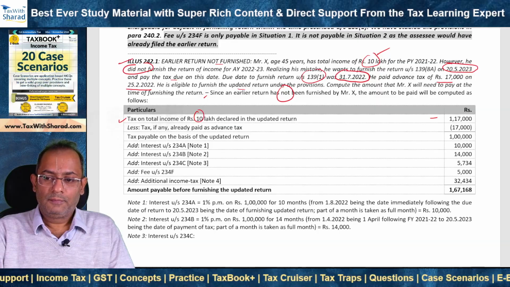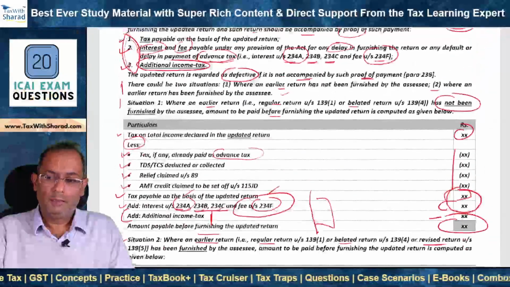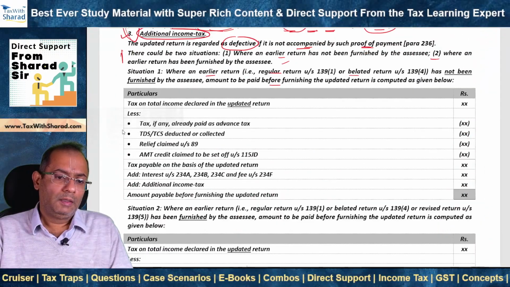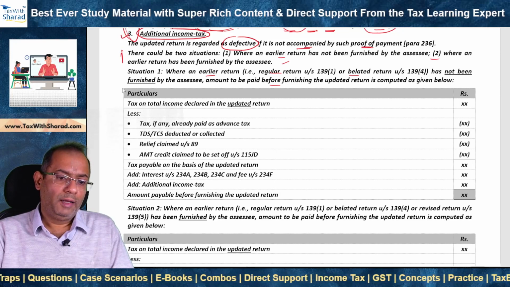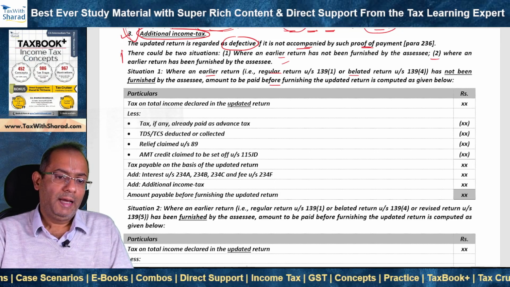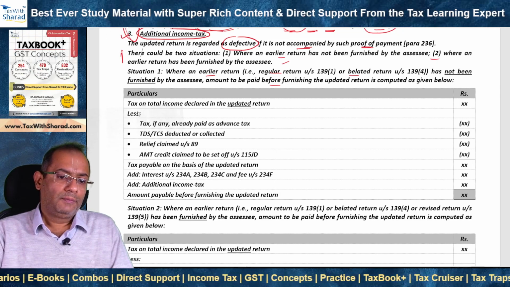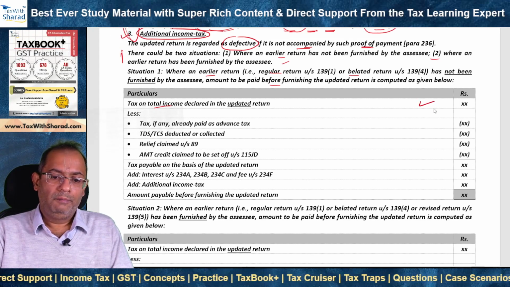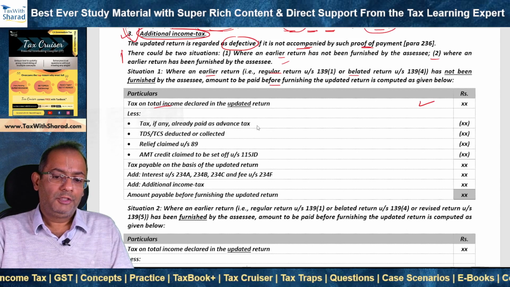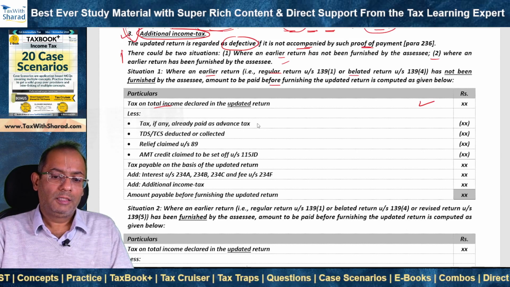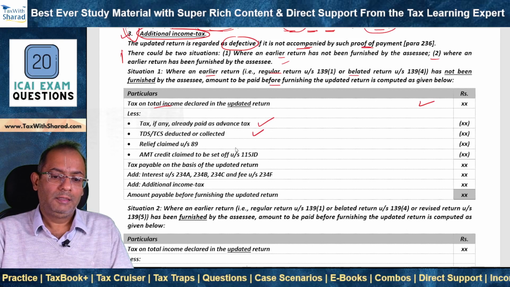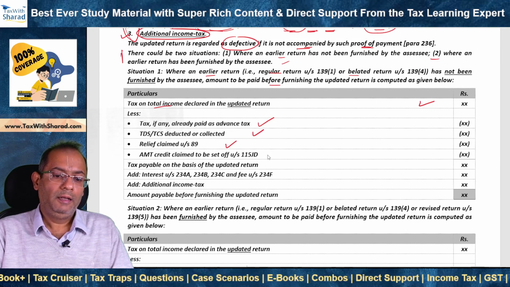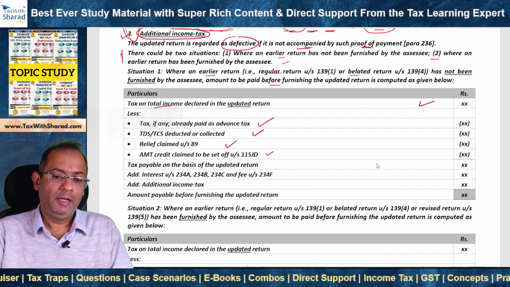Okay. Let's quickly take a look again so that things will become clear to you. So in situation 1, we saw that the tax needs to be computed first on the total income declared in the updated return, from which you need to deduct prepaid taxes on account of advance tax, TDS, TCS, and then relief under 89 and AMT credit under 115JD.